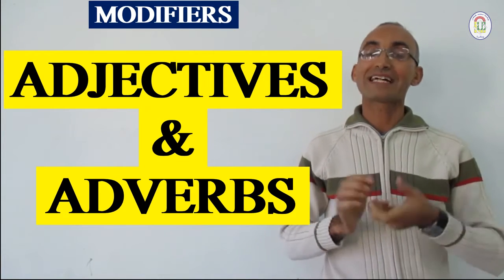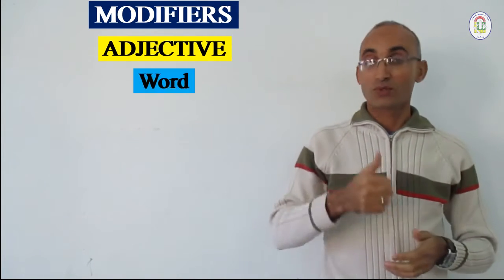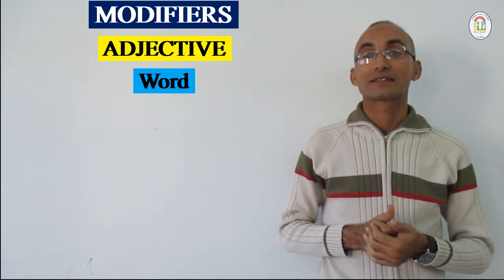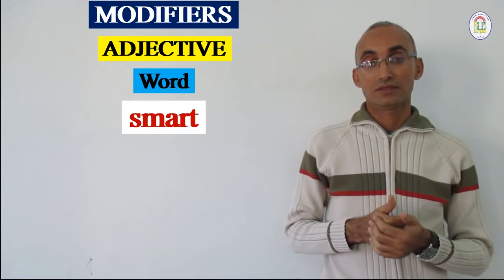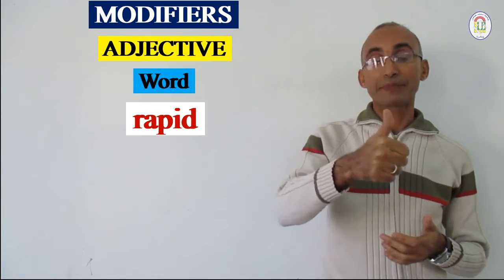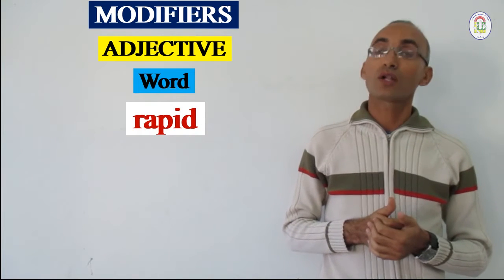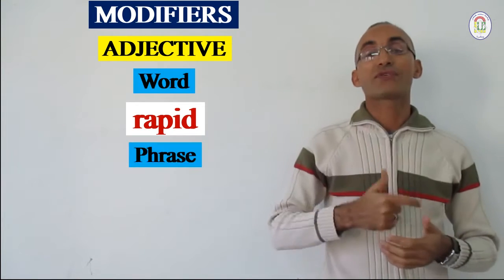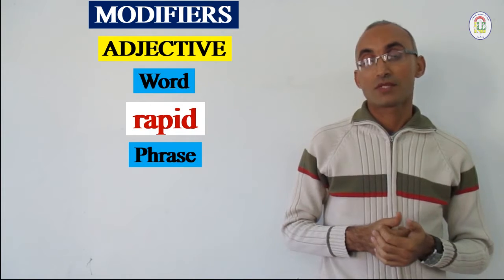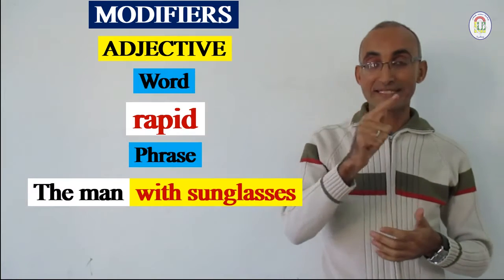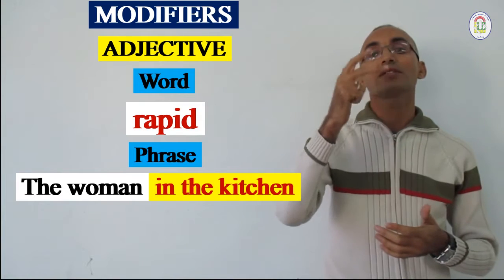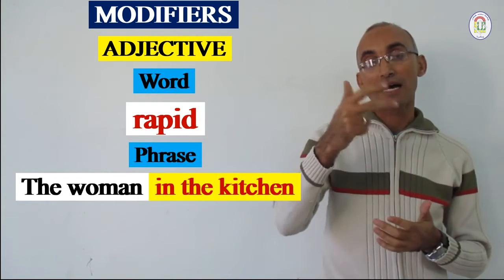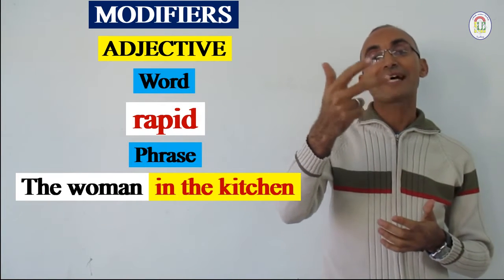However, when I say adjective, it can be a word like quick, smart, rapid, or also a phrase like the man with sunglasses, right, the woman in the kitchen. So these are phrases which act as adjectives.